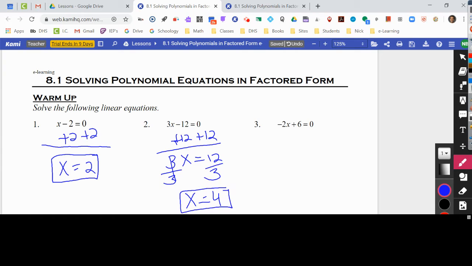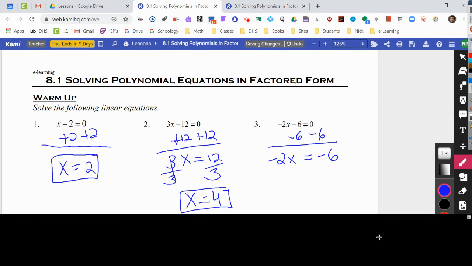And then the last warm-up problem, number 3 here, is negative 2x plus 6 equals 0. Again, first we've got to subtract this 6 over. This whole idea of inverse operations is to isolate the variable. A goal for solving is to get that x all by itself, and when we do, we undo everything to get that x by itself.